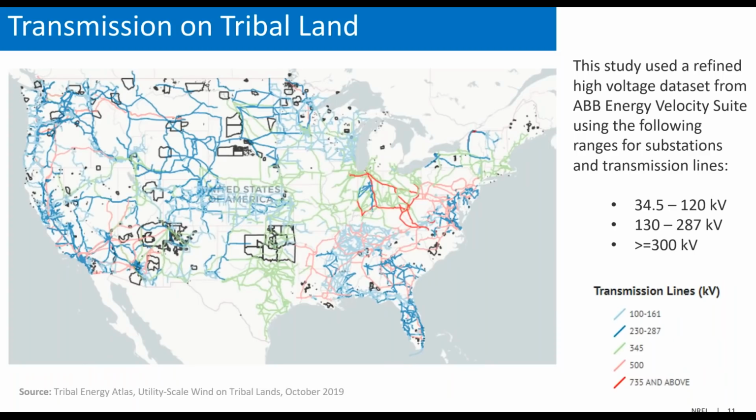For a lot of tribes, the transmission issue, the ability to interconnect to a substation and a transmission line and get power from the location to the buyer, can be a significant challenge. I would highlight that as one particular challenge to focus on, and hopefully that's one that can be rectified as time moves on. Slide 12.